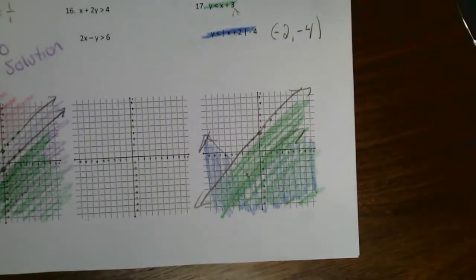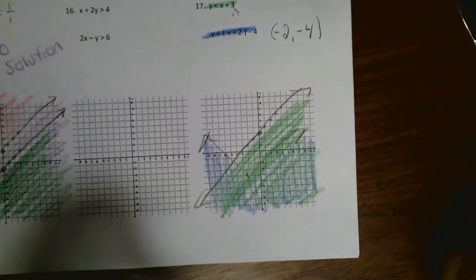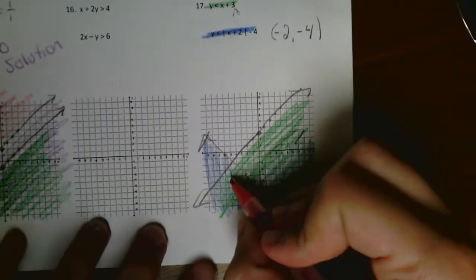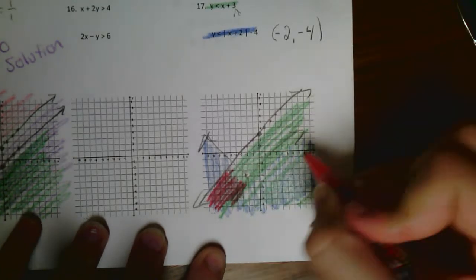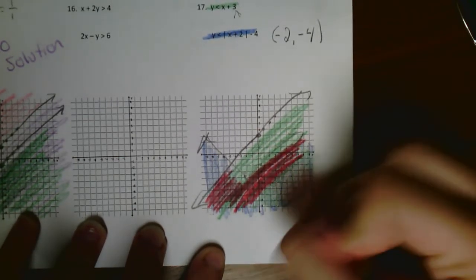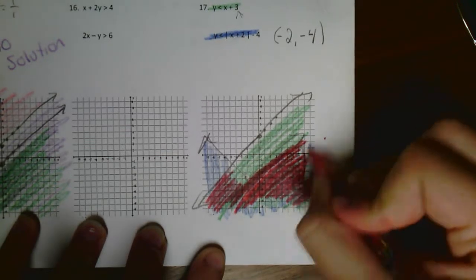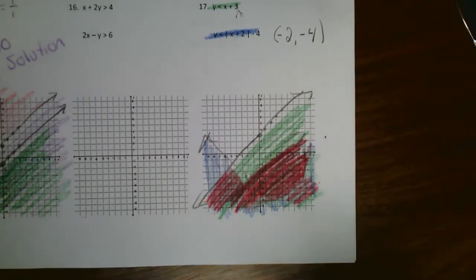And then as far as your answer goes, you are looking for the overlap in this case. So here's blue and green, here's some more blue and green, and my answer is going to be the red.